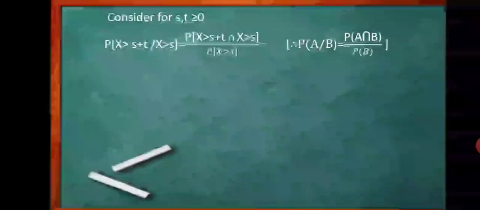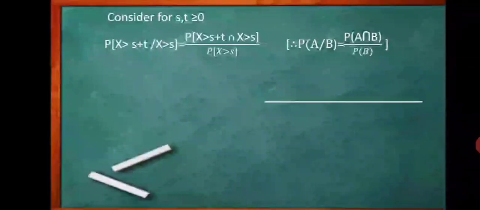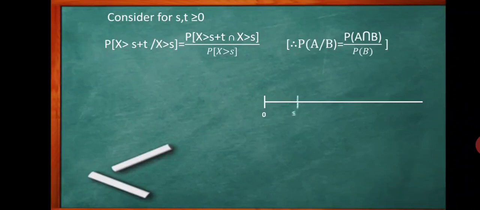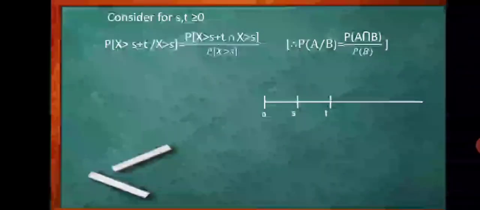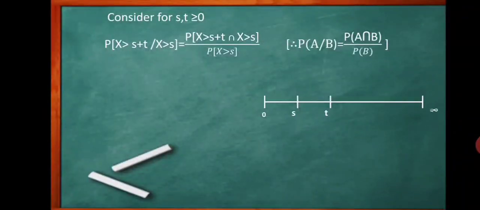To find this intersection value, we consider an x axis. Already it is given, we have to choose only the positive values. So, I am taking first 0 and then the next point is s and then another point is t and the last point is infinity.